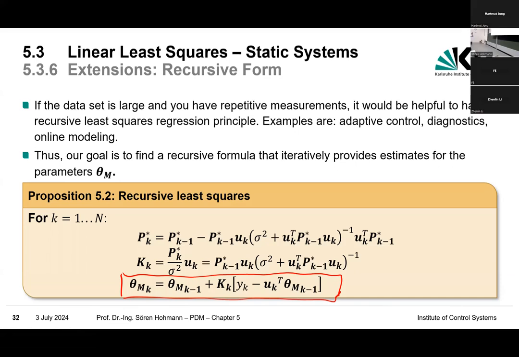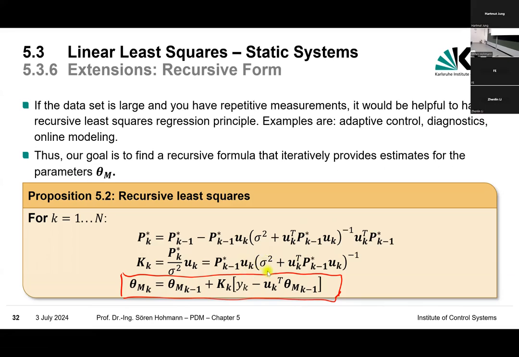But if you look carefully at this equation, you will see, yes, but here is also one inverse. You have to invert this expression. But if you look carefully at this bracket, you will see you have u_k transpose, which is a row vector, a matrix, and a column vector, which gives just a real value, a single value.